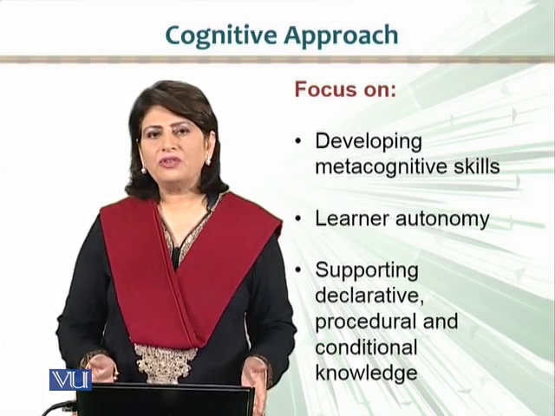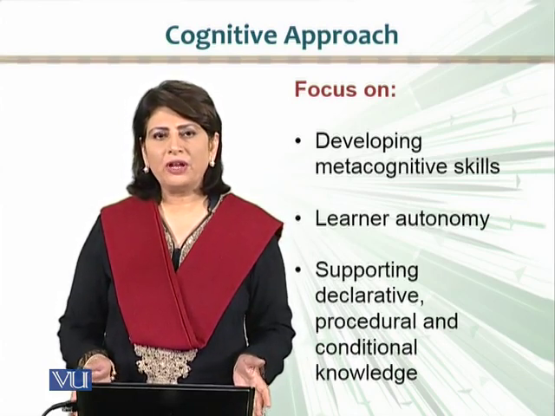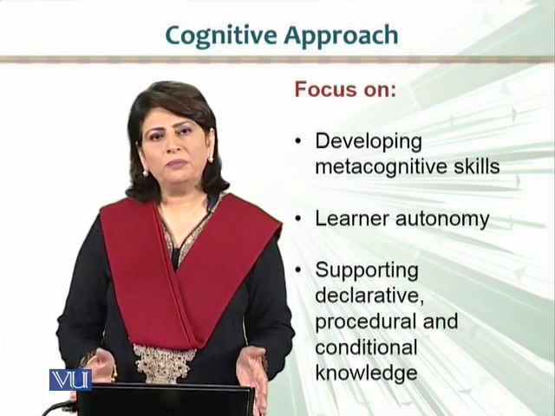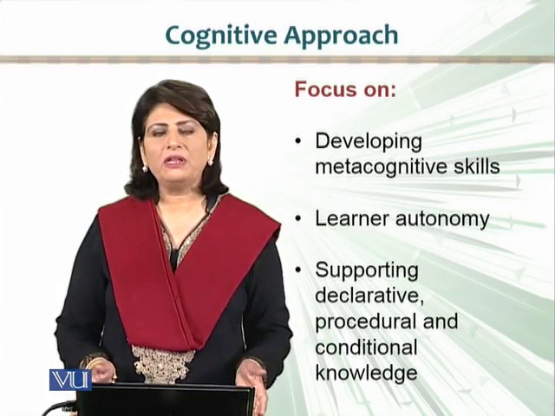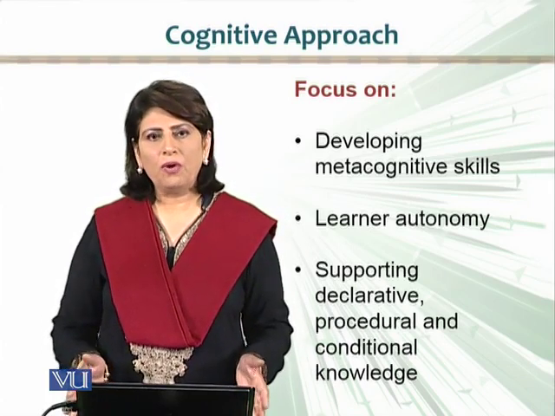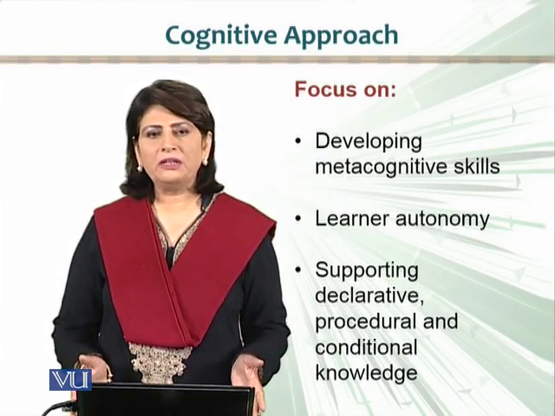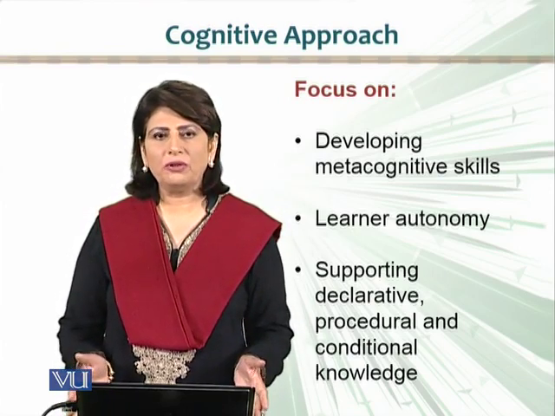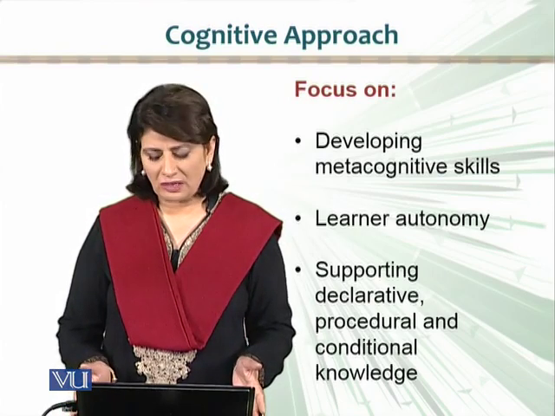So what it tries to do is to support three forms of knowledge. Number one is declarative knowledge, what they know. That declarative knowledge is the store of the knowledge itself, the content itself.